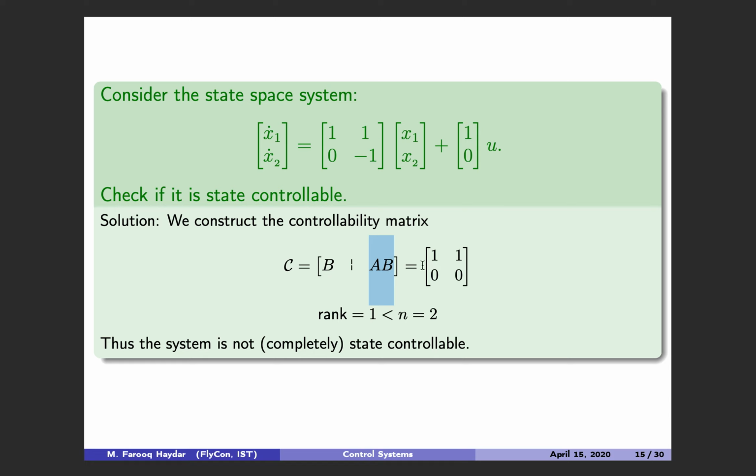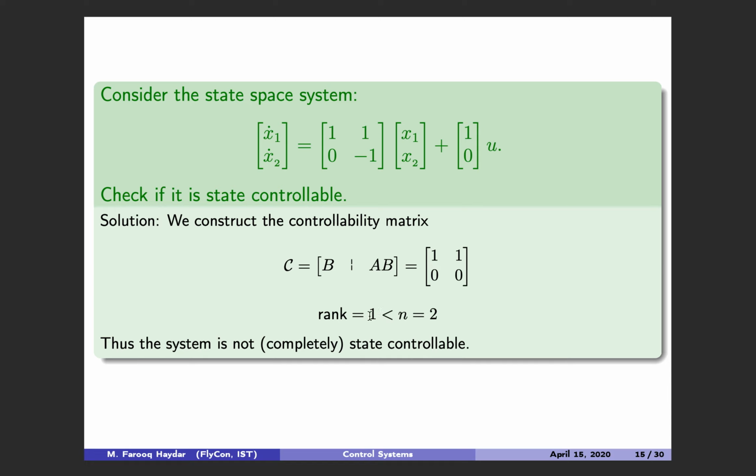So we constructed this controllability matrix, and we saw that both rows, or both columns, are dependent on each other. Basically if you multiply the first row with 0, you will get the second row. Otherwise, you can see that the first column is exactly the same as the second column.